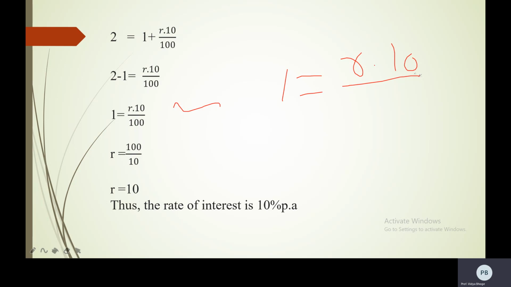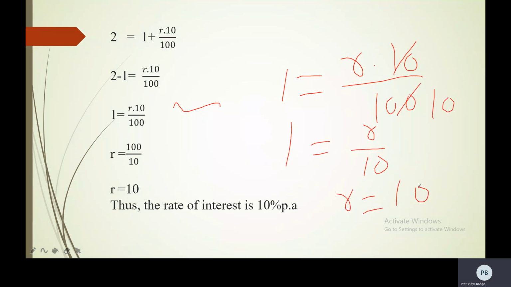R is equal to 10, so the rate of interest is 10% per annum, which is the answer.